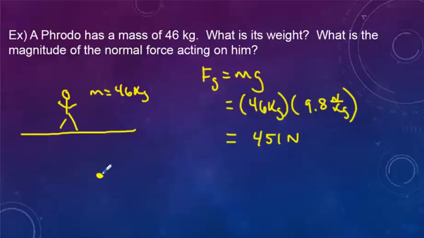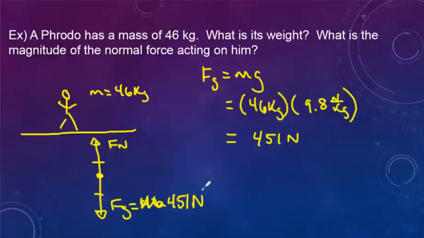But what's more important is if we draw the free body diagram, we have a downward force of gravity, we have an upward normal force, and if he's at rest or moving with a constant velocity, those two forces are balanced. So if the weight is 451 newtons down, then the normal force is also 451 newtons, but pointing in the upward direction.